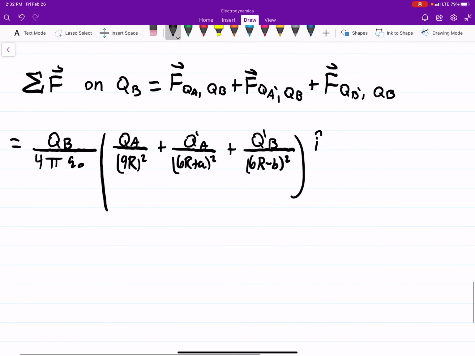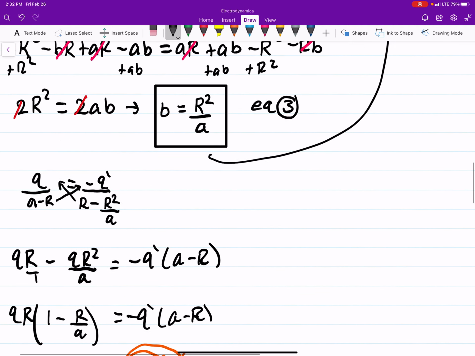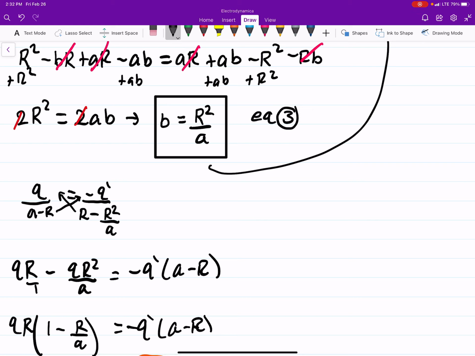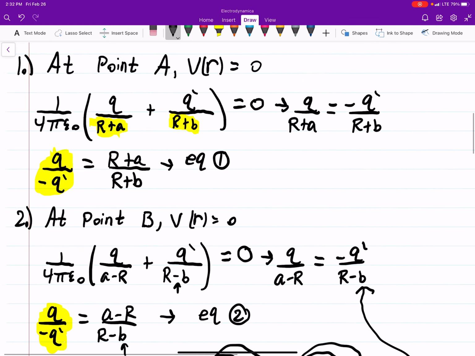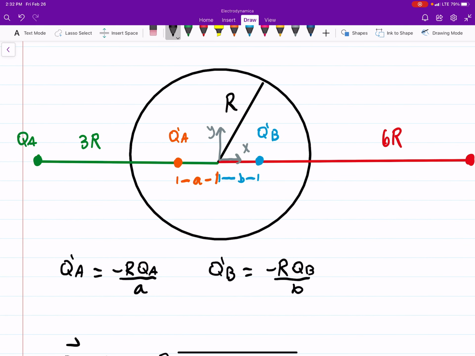So now we're going to have to do a few substitutions. So what is our A here? Well, we can basically use what we found earlier, where B is R squared over A, right? So for A, you're going to have R squared, still in the numerator, divided by our 3R, and that is just the distance there.